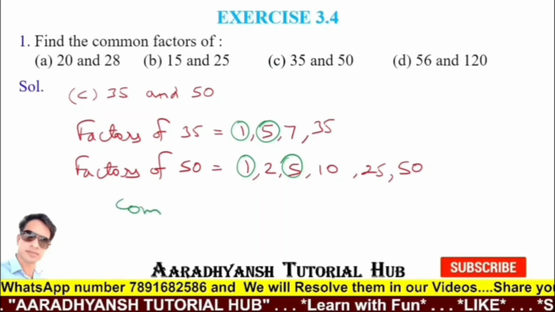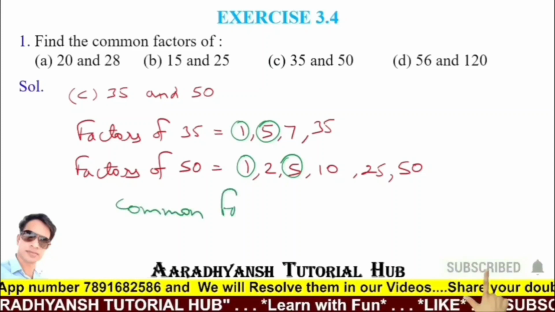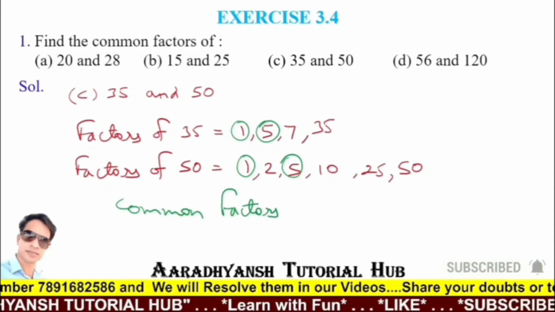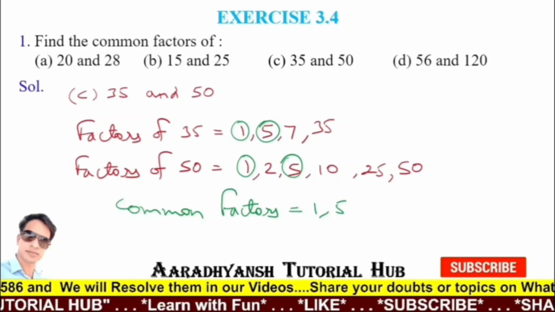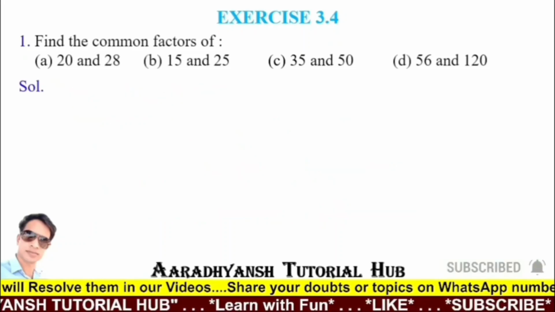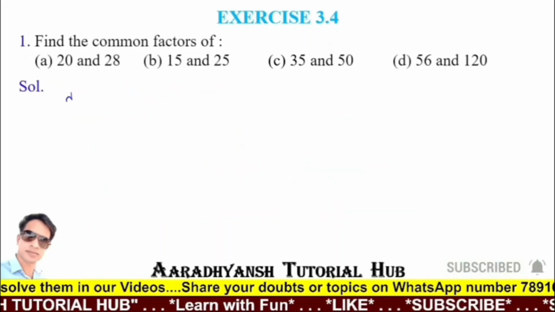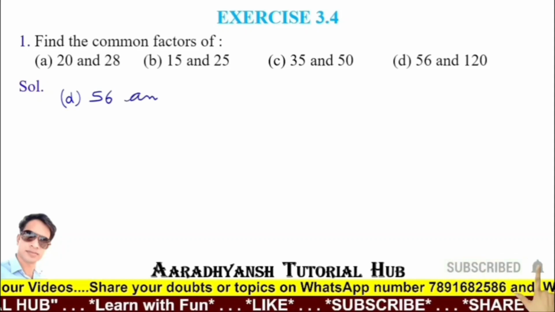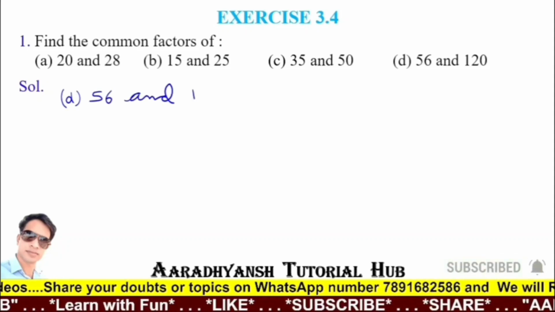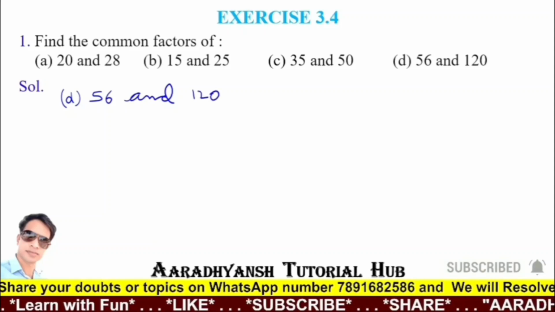So our answer will be common factors is equal to 1 and 5. Okay. Now question D, 56 and 120.